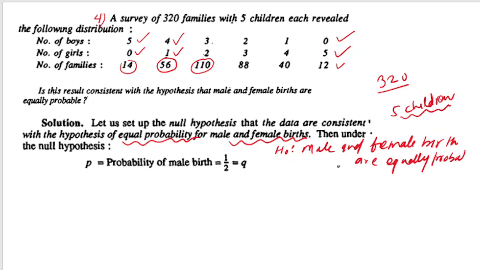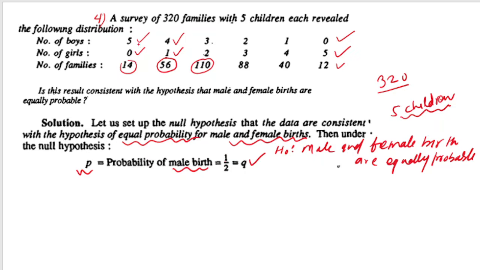We have to verify whether this data conforms to our expectation or not. So if a child is being born, the probability of a male birth is equal to the probability of a female birth. So I am calling P the probability of male birth and Q the probability of female birth, and each of them is equal to 1 by 2.